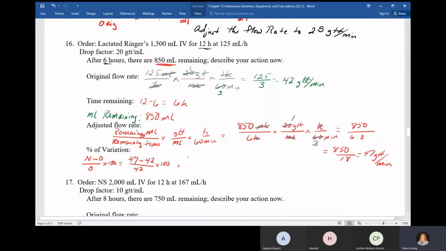So 47 minus 42 is 5 over 42 times 100. Let me try that again, because I got 42%, and I know that's not right. So 5 divided by 42 times 100.